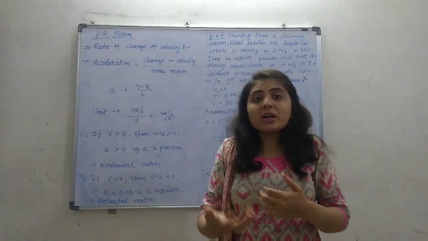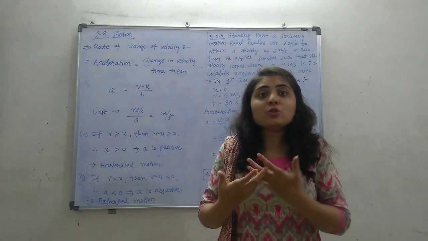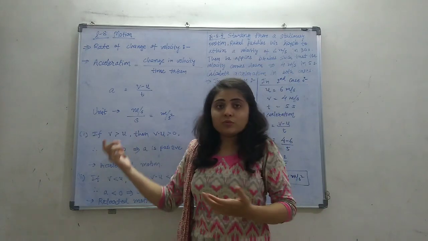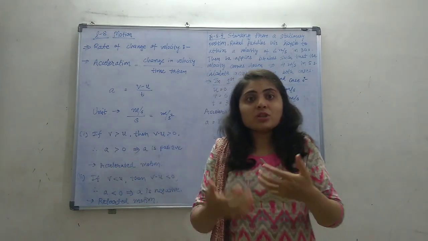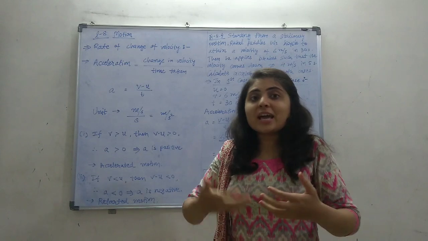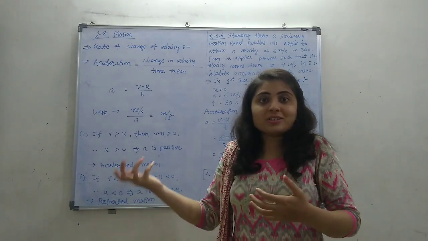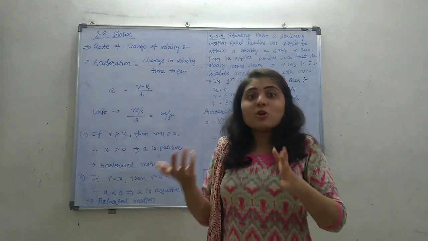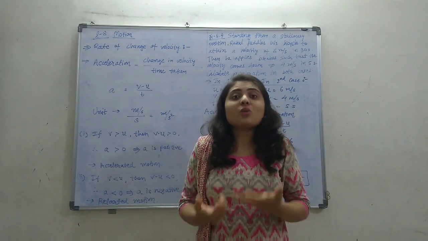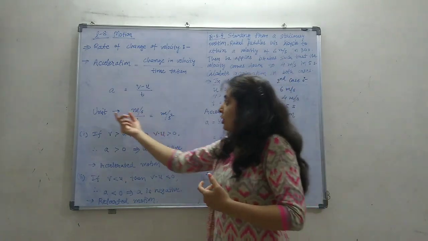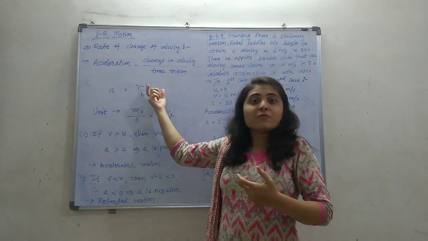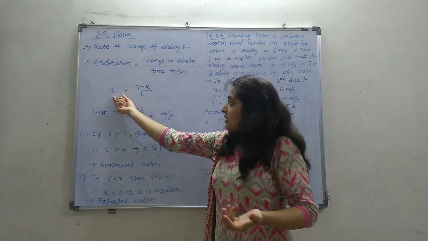To measure the acceleration, what unit is used? Mass has the unit kilogram, distance has the unit meter, kilometer, etc., and time has second. So acceleration also has some unit, which can be obtained from the formula.